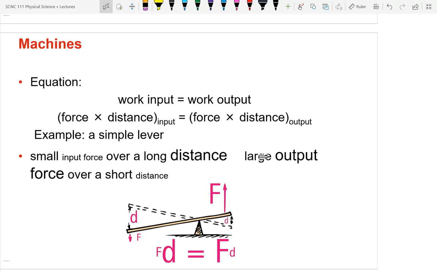Now, if I want to lift something with this stick, like let's say I want to lift this remote control. If I put the remote control here, it's like a teeter-totter, and the remote control is now holding that end down lower. Why is the remote control not on the ground?